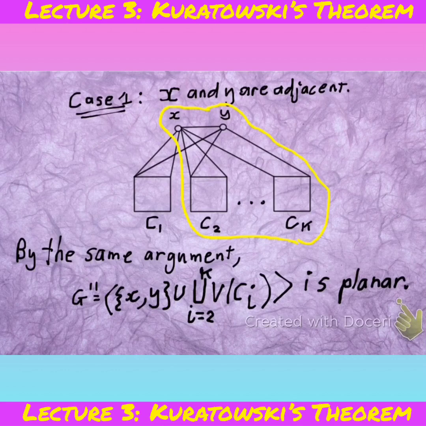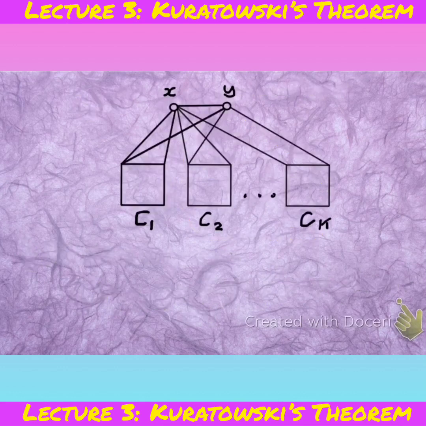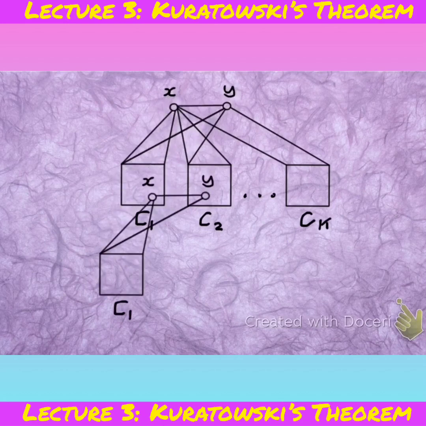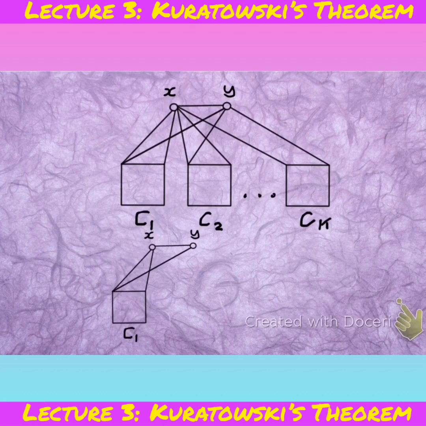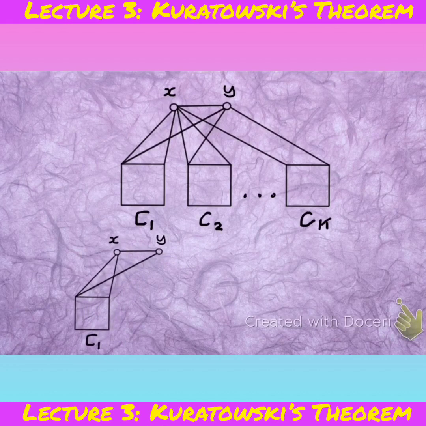Considering the graphs G prime and G double prime, they are both planar. Let's consider our sketch again. I'm going to take that graph G prime on its own, and I know it's planar. What does that mean? We're going to discuss that just now because that's an important point.